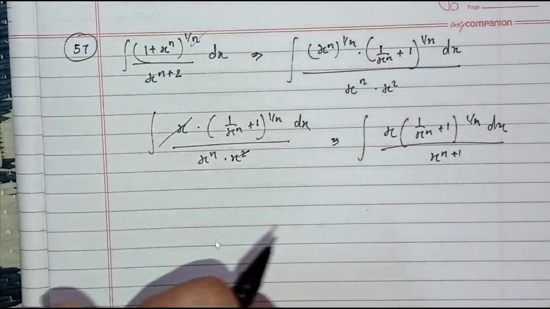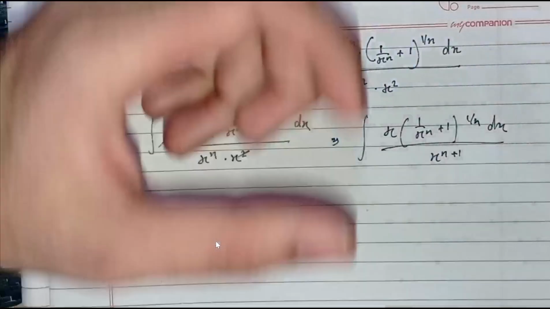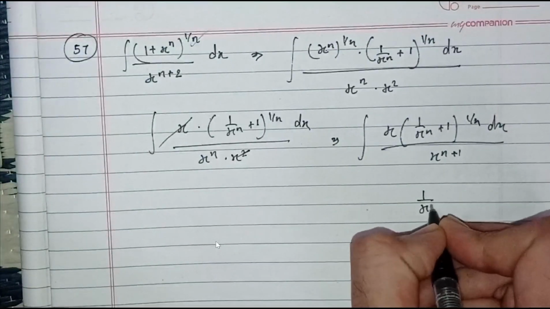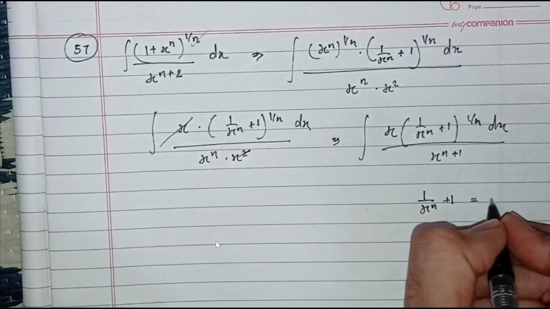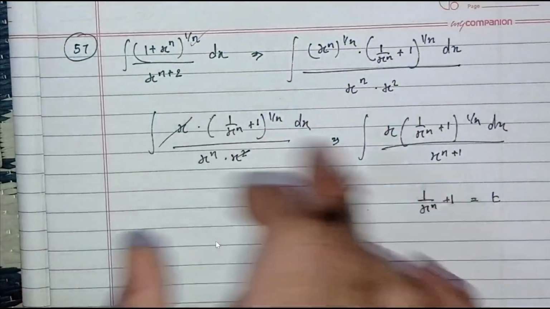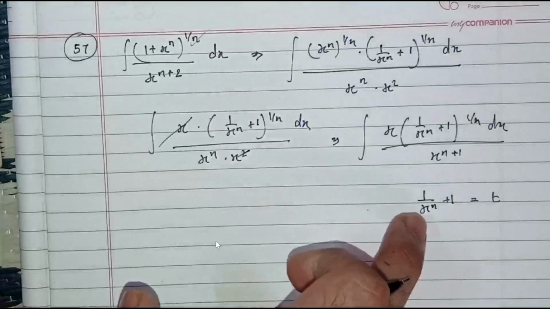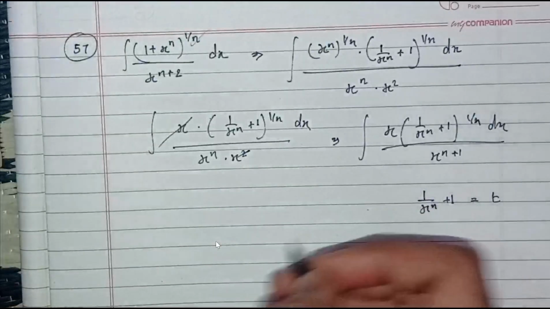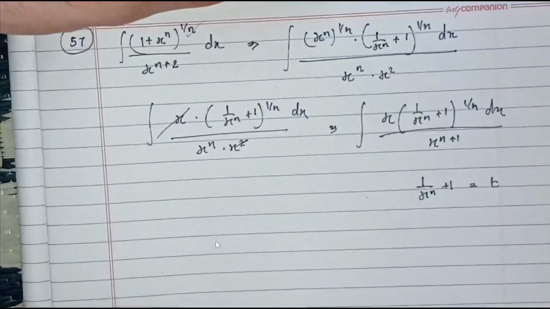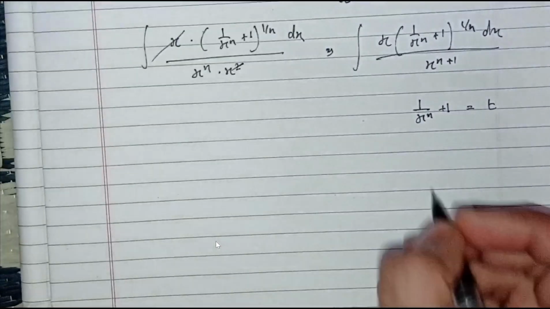Now what I need to take as a substituting value is 1/x^n + 1 equals t. The reason for taking this as a substitution is that if I try to differentiate this, we can easily get the reason.